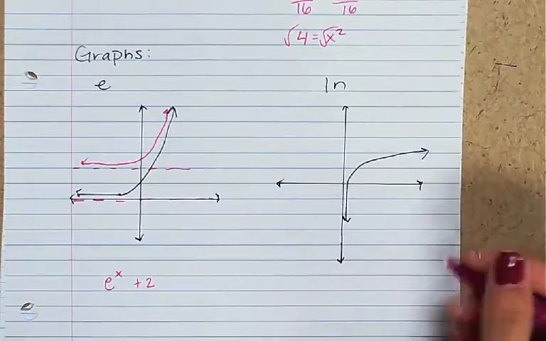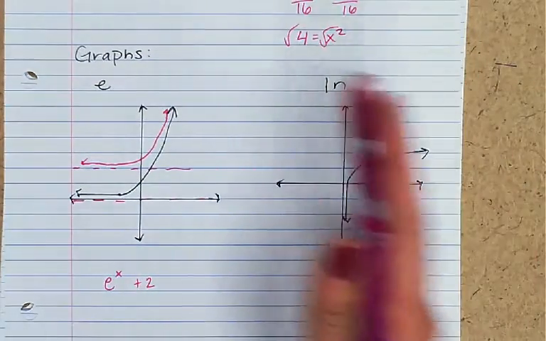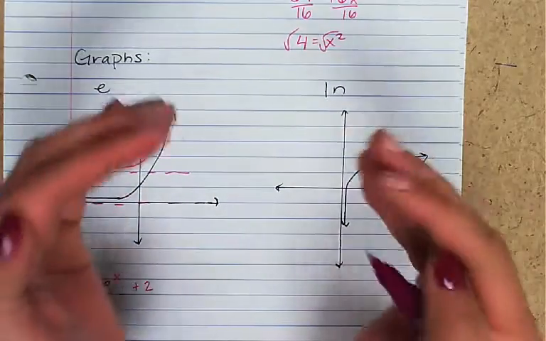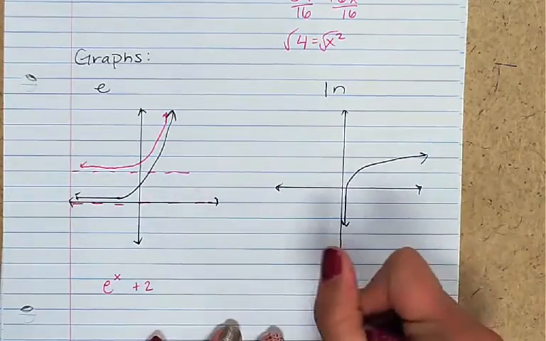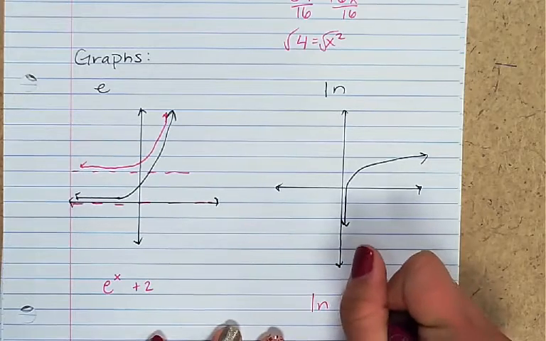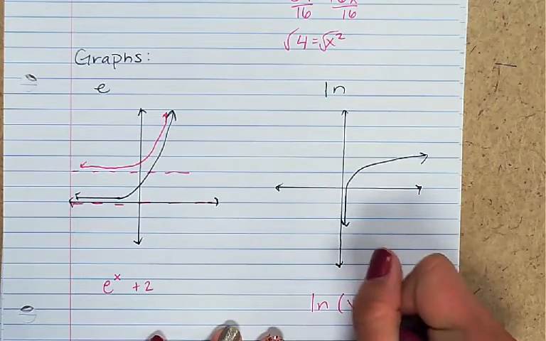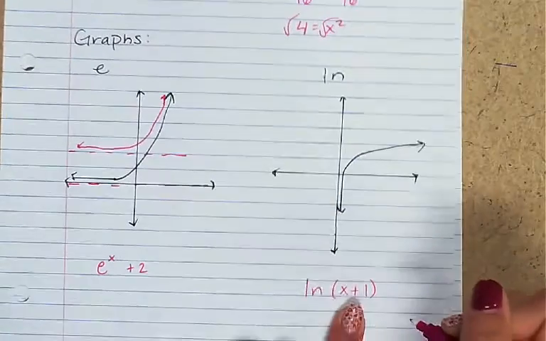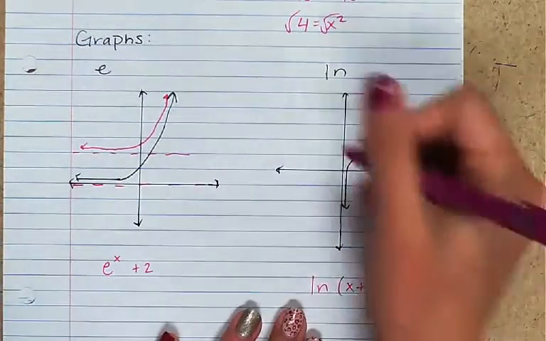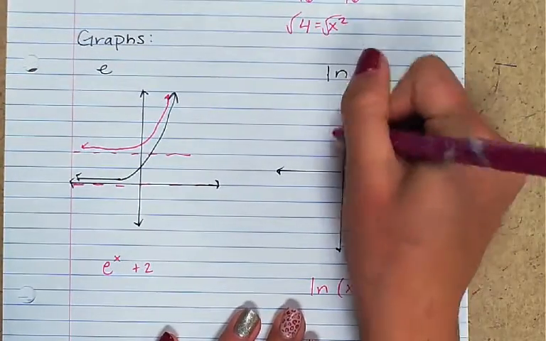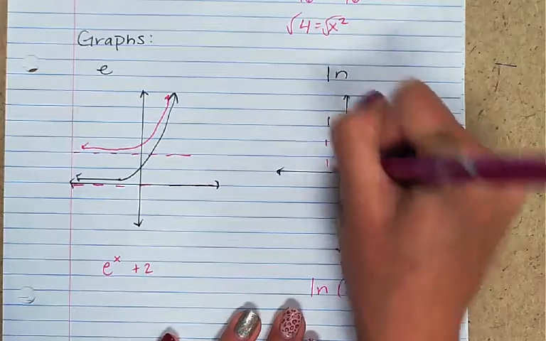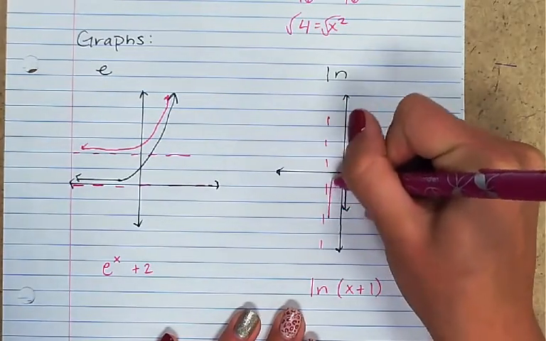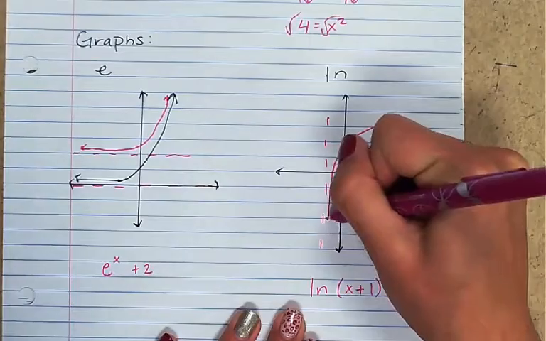Here with natural log, when it shifts left and right, that's when your asymptote will move. So for left and right, remember those are the things inside, so if I had natural log of x plus 1, remember it's opposite for left and right, so we would go to the left one. So instead of our asymptote being here at 0, it would be right here at -1. And our graph would shift to the left as well.